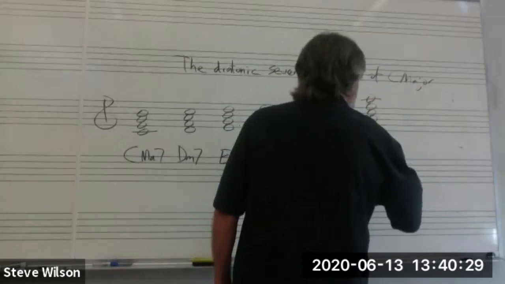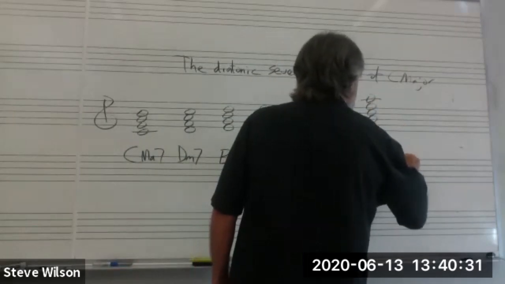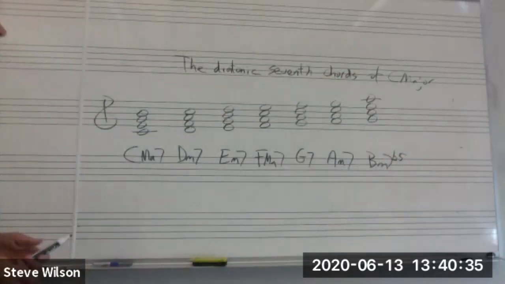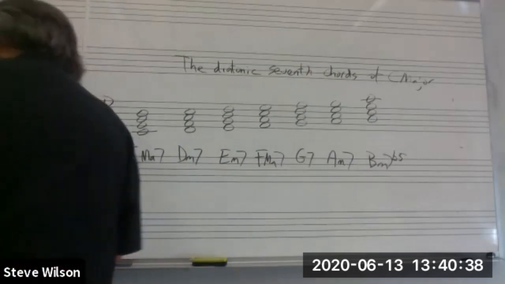And 7 is a minor 7 flat 5, otherwise known as a half diminished seventh chord. So these are the diatonic seventh chords of C major.